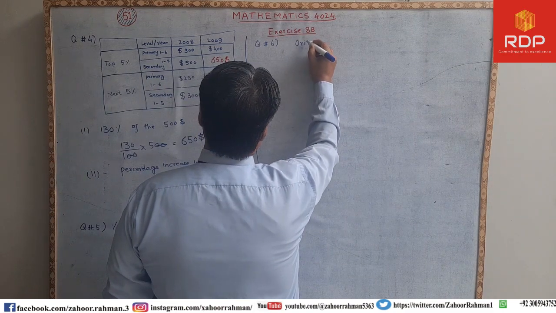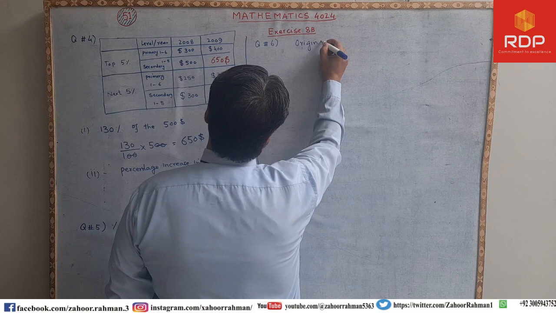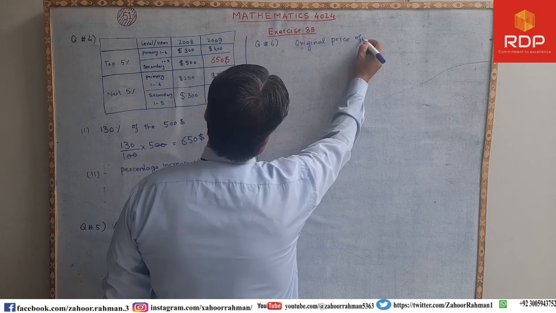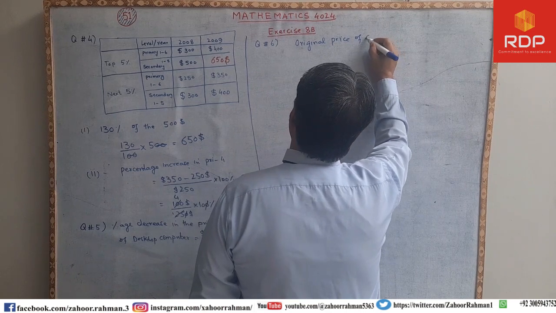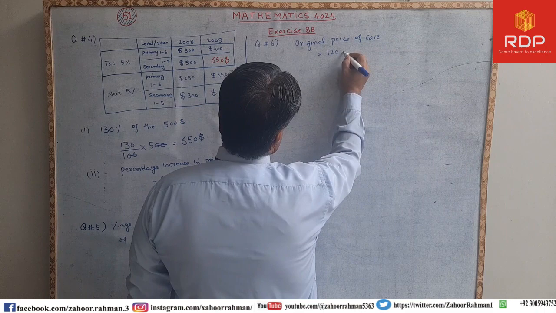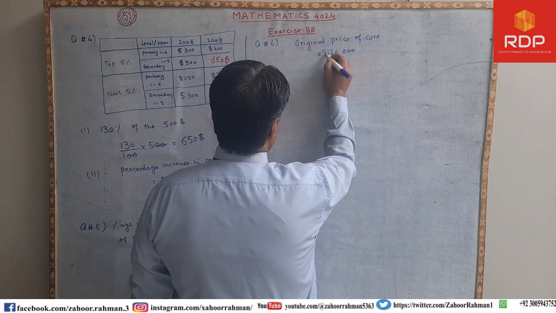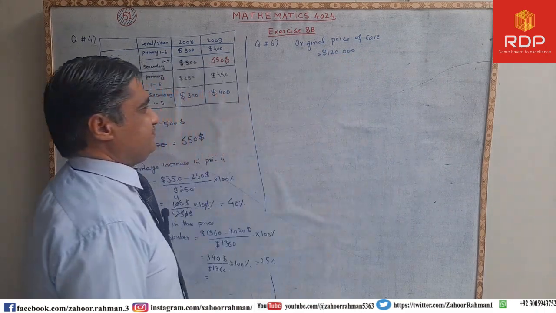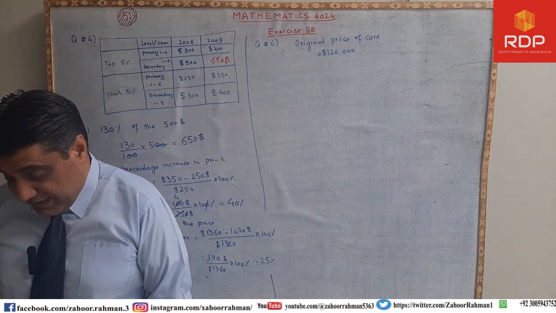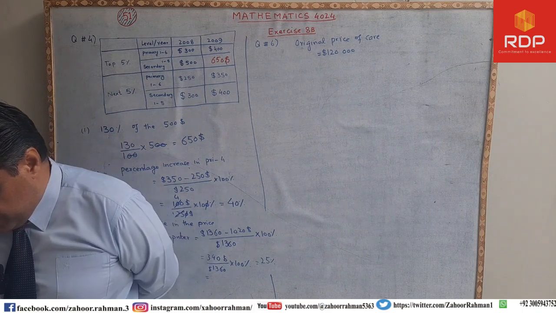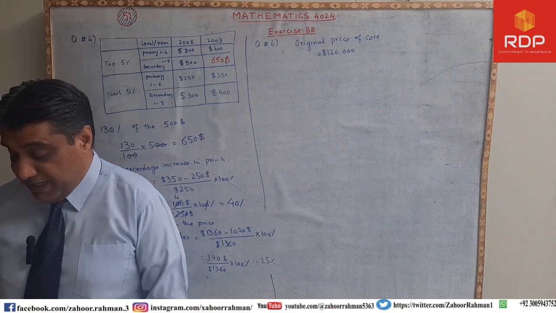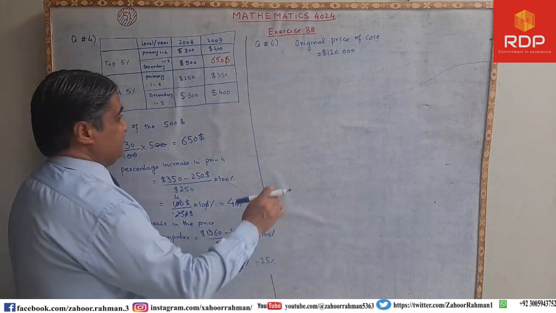So we have to write original price of car is equal to $120,000. Then what happened? Then they are saying in 2010 its value decreased by 20%.